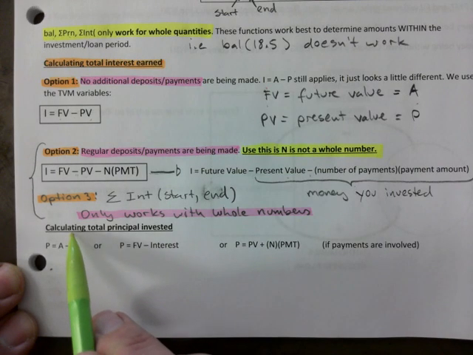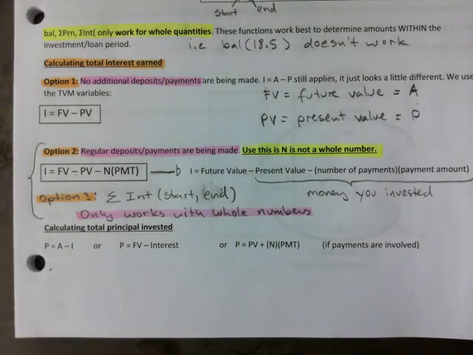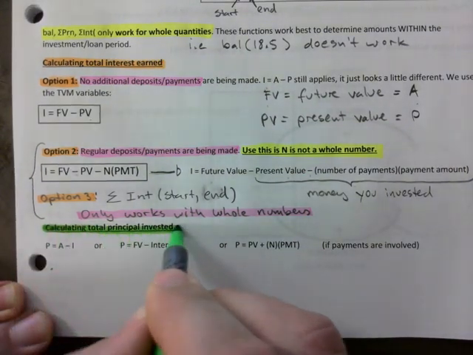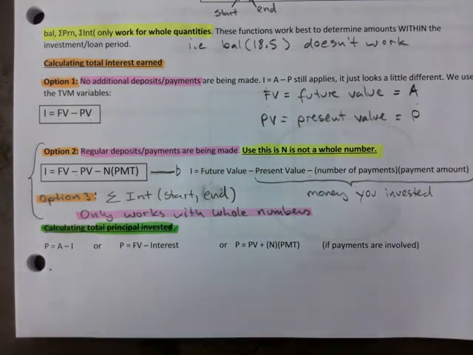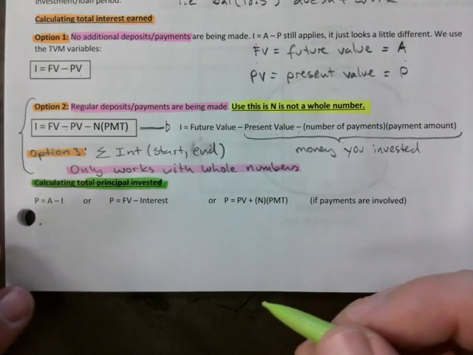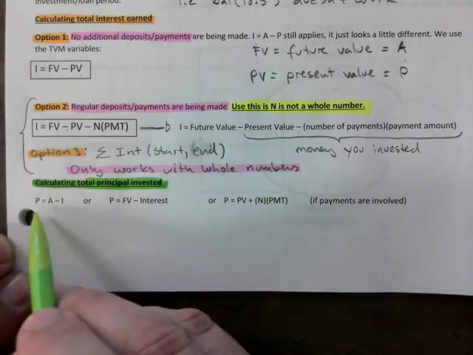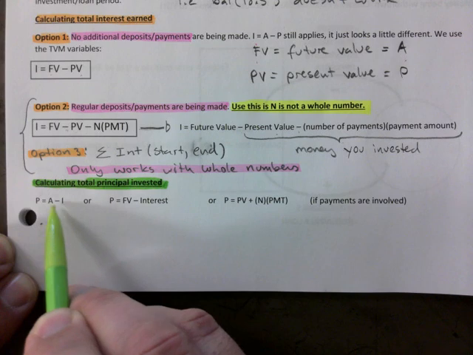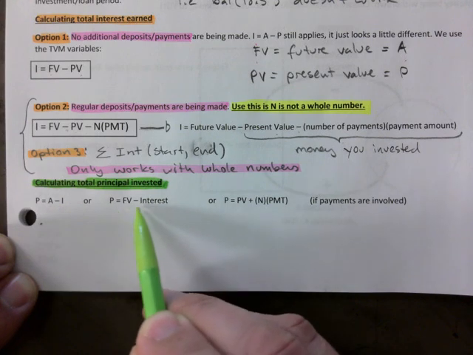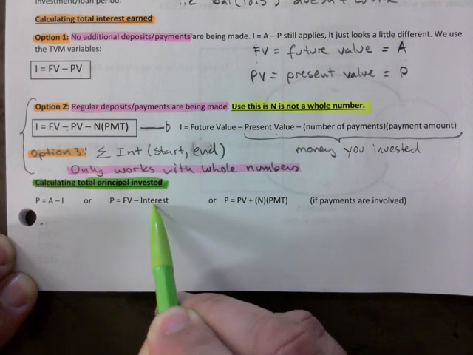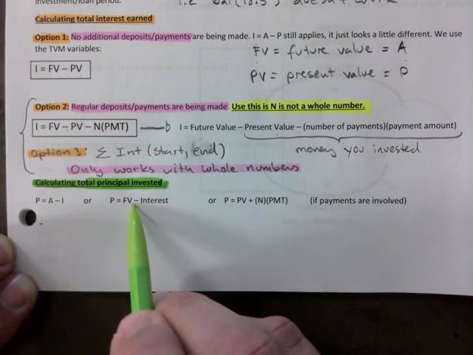Here's another one, calculating total principal invested. To get the principal, we take our future amount, or the accumulated amount, minus the interest. But this is the same thing: principal is equal to future value minus interest. So they're both saying the same thing.